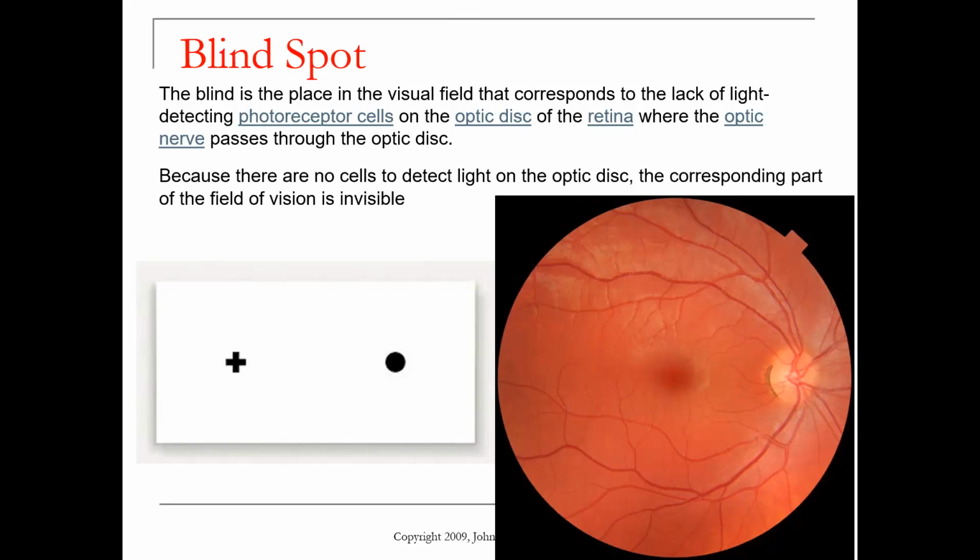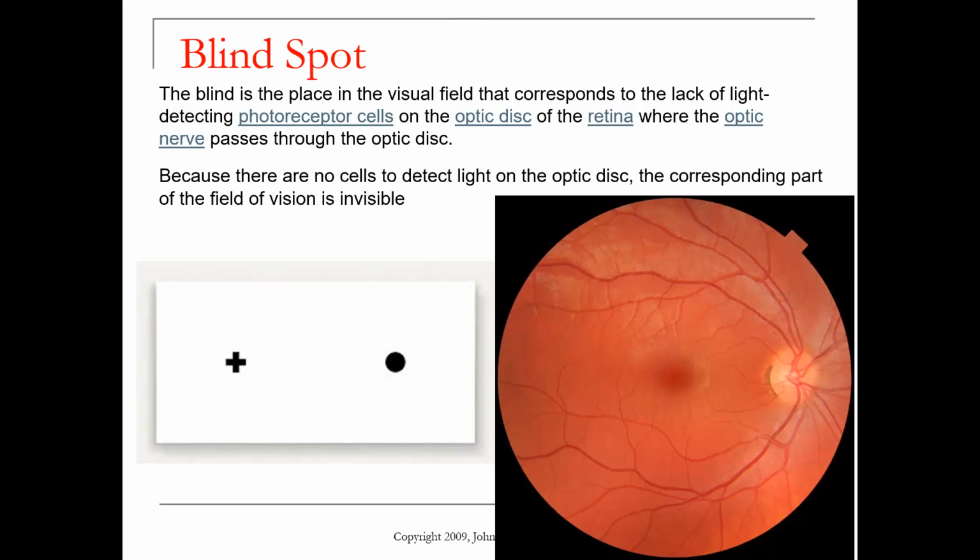The black circle will disappear as you bring the card closer to your eye because the light rays coming off of there hit your blind spot on the optic disc. You don't see anything. And you move the card back, it's visible again. You move it forward, it's visible again.